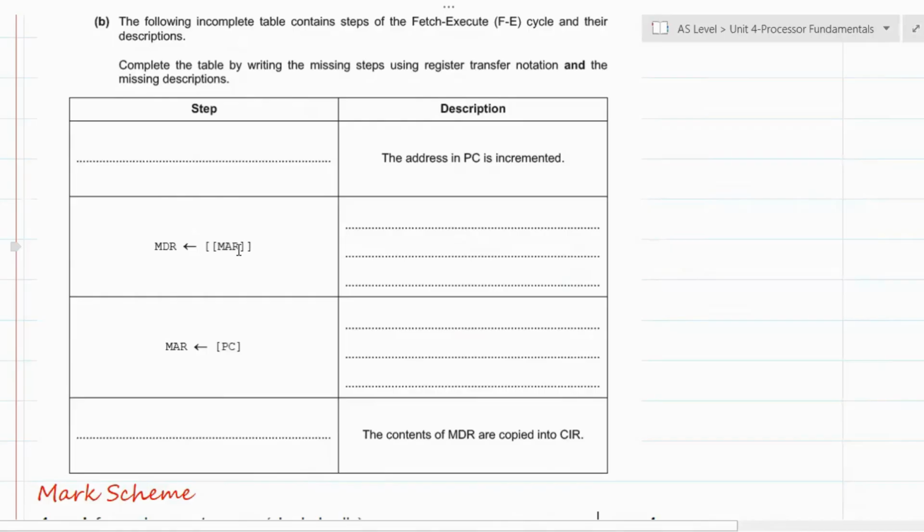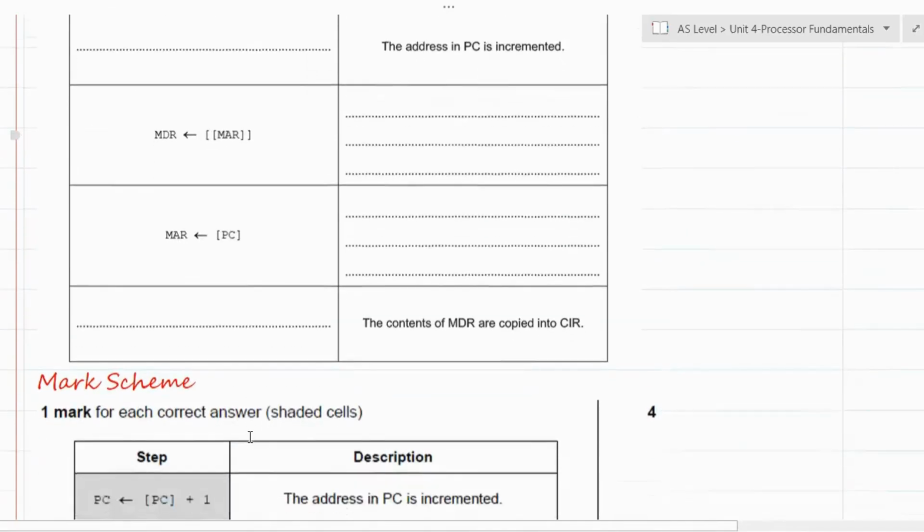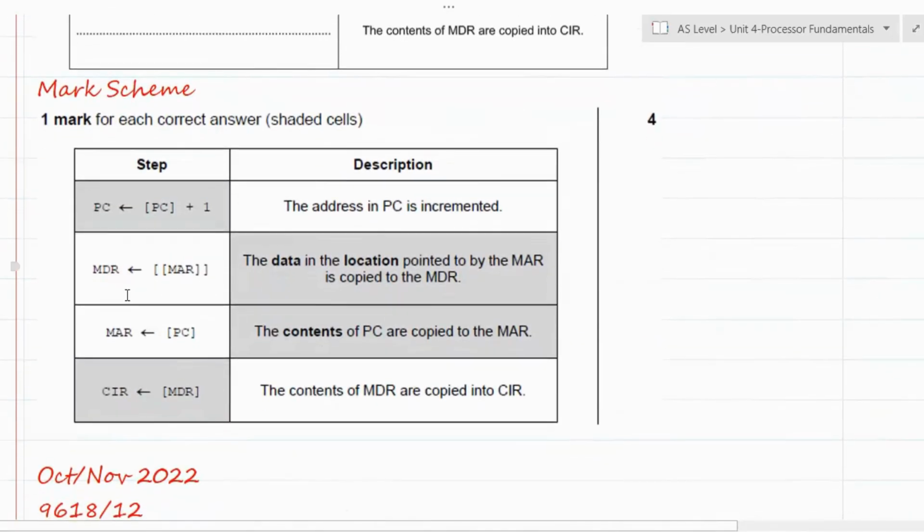So you will not write the contents of MAR, instead the contents which are specified by the location stored in MAR, right? Here MAR equals PC, so the program counter's content is loaded into MAR, and here the contents of MDR are copied into CIR, so CIR equals MDR in single brackets, right? So that's the marking scheme.